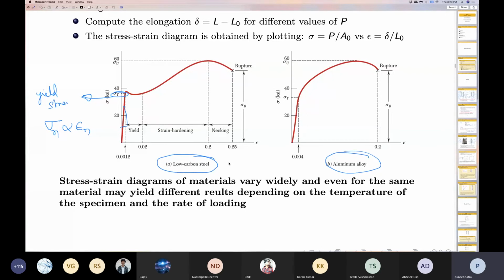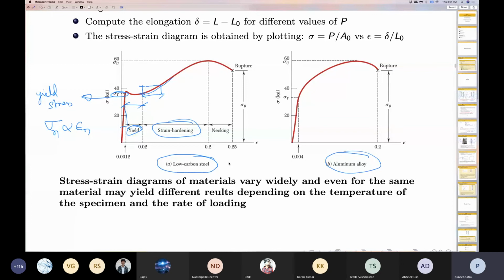After you hit yield stress, there is a small region where yielding occurs, where a small increase in force is going to cause a relatively large increase in the strain, as you can see in this region. Beyond that, you are going to observe what is known as the strain hardening region. In strain hardening region, also something similar happens, that there is a small increase in force, but the corresponding increase in strain is again going to be significantly larger.